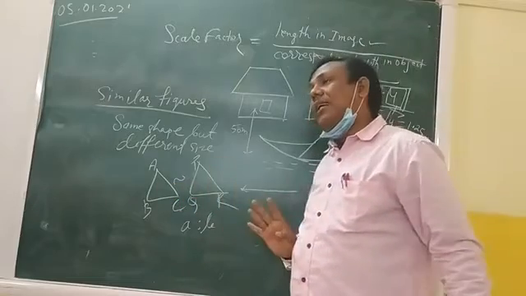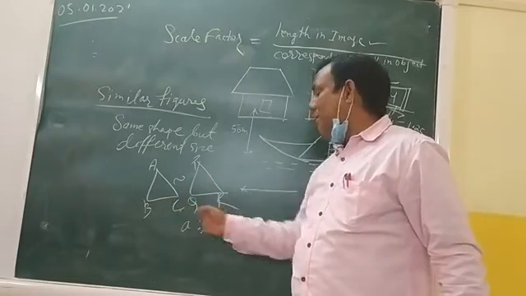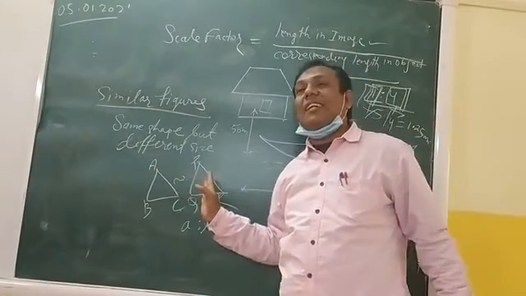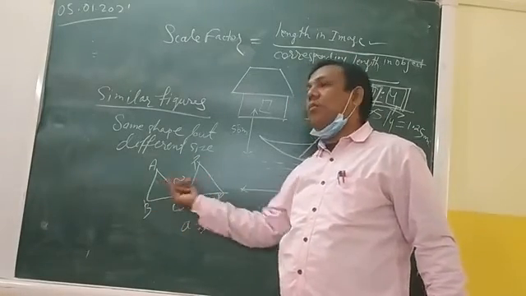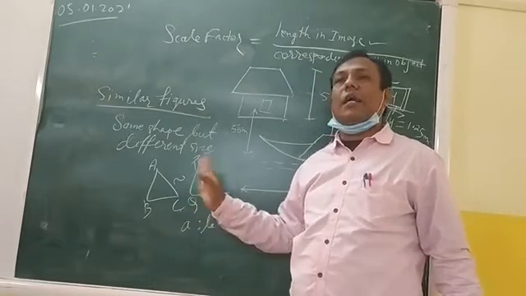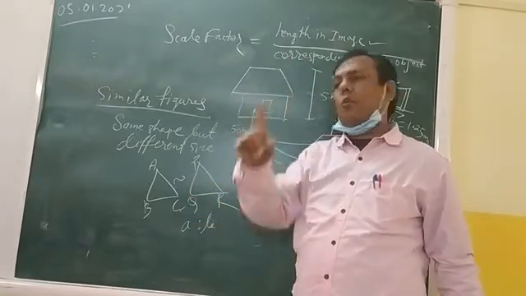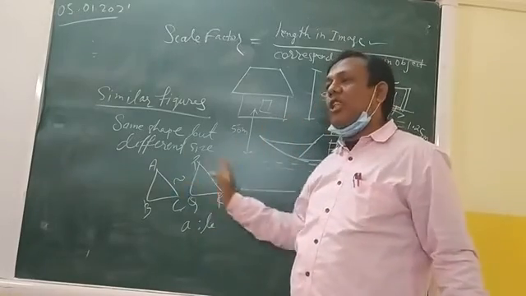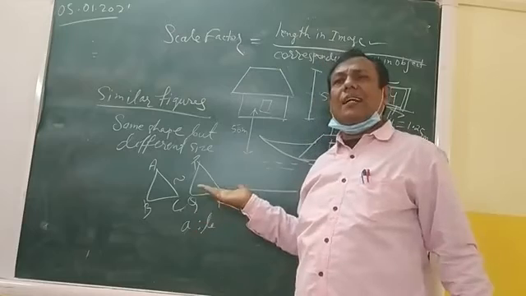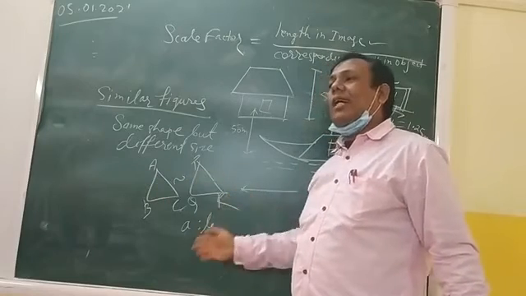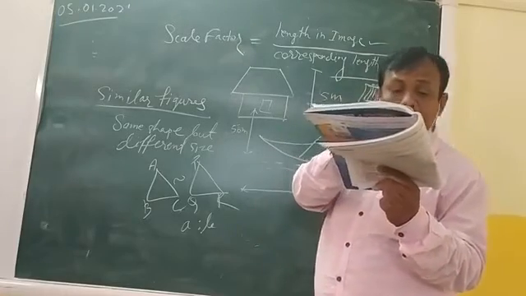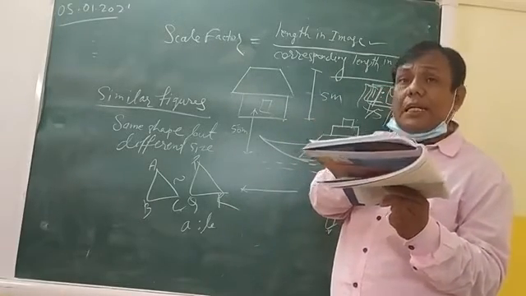If they are similar triangles and their scale factor is given as A:B, it means whatever you take, the area of this by the area of this, everything, the scale factor will be A:B. Got it or not? Because according to this, both are changing. The same figure, and everything is changing according to the scale. So the ratio of their perimeter is 3A:B is wrong.